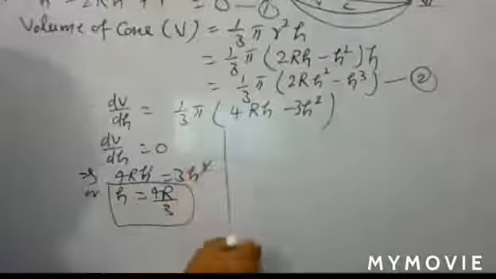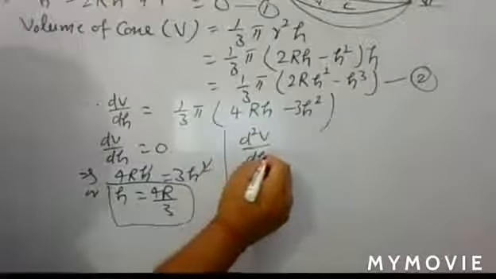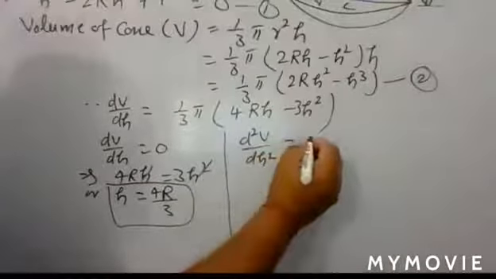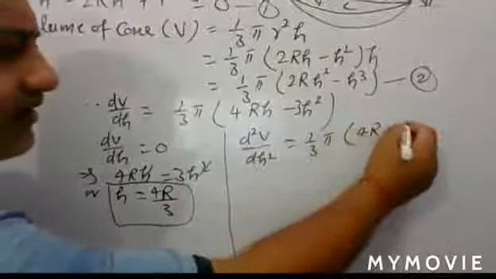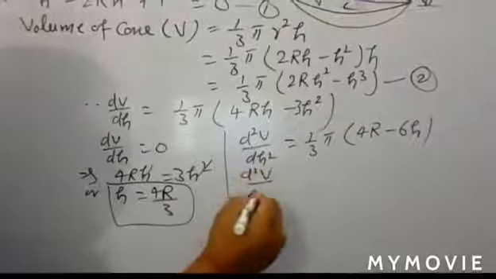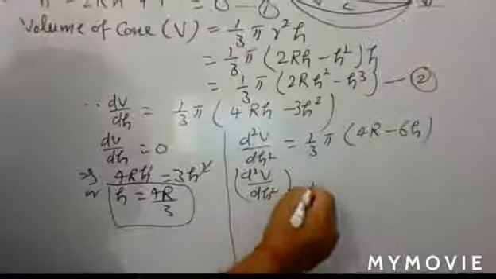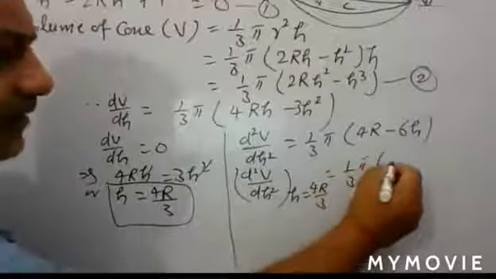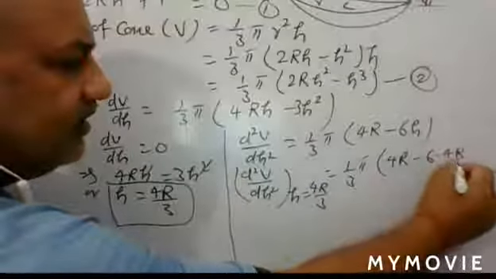Now take its second derivative, d2V upon dh2. So if you take its second derivative, you have 1 upon 3 pi into (4R minus 6h). So d2V upon dh2 at h is equal to 4R by 3 is equal to 1 upon 3 pi (4R minus 6 into 4R by 3).